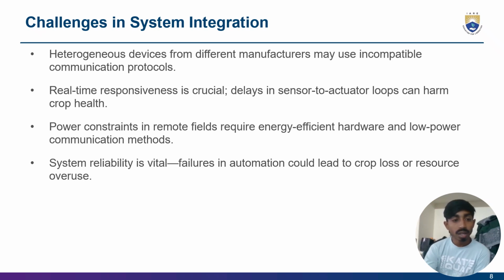Power constraints in remote fields require energy-efficient hardware and low-power communication methods. System reliability is vital; failures in automation or cloud can lead to crop loss or resource overuse.